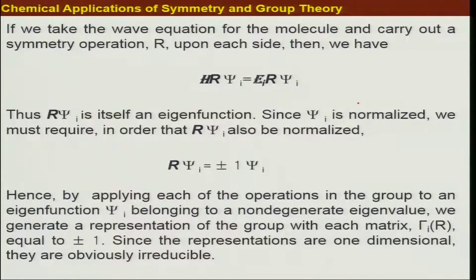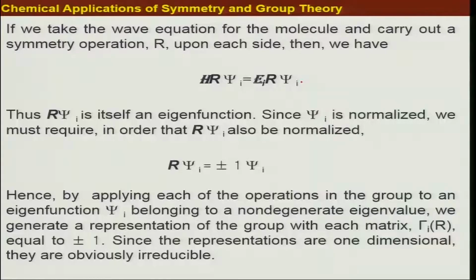Now in that case, because H and R commute, they are not going to interfere with each other's duties, right? So when I operate the Hamiltonian on this R psi I, it is going to give me the same eigenvalue E I and return me this R psi I. Therefore, this R psi I also acts as an eigenfunction of the Hamiltonian operator. That is obvious here.